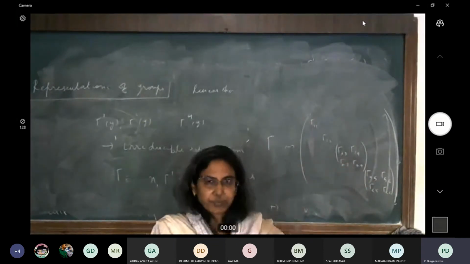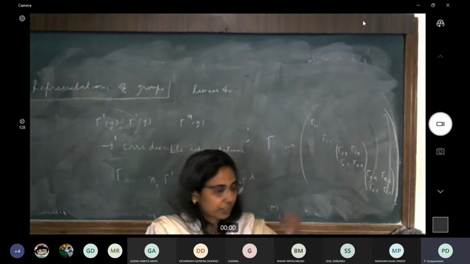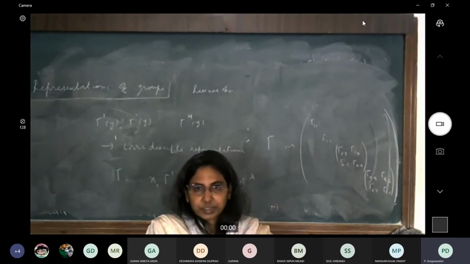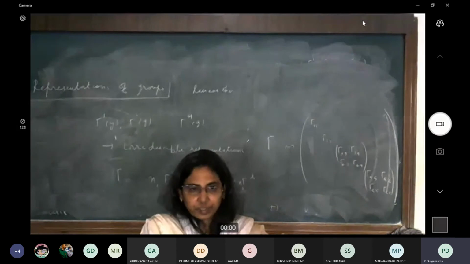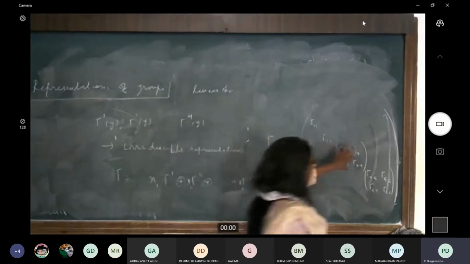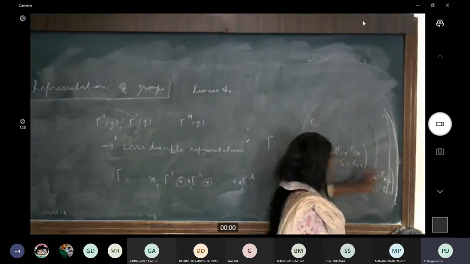So it's possible, when you do this block diagonalization procedure, just like when we diagonalize a matrix, I can get the same eigenvalue more than once. Similarly, I can get the same block diagonal form more than once.